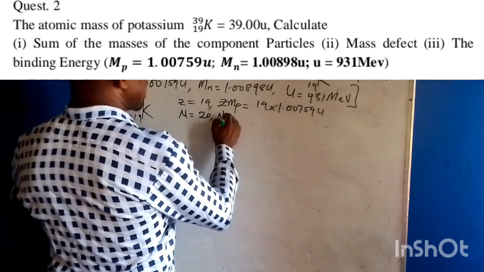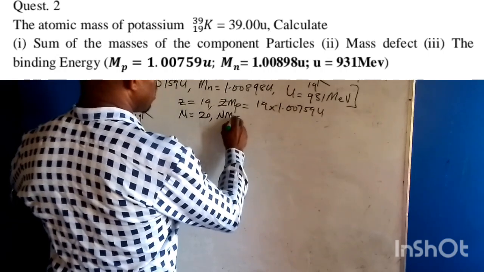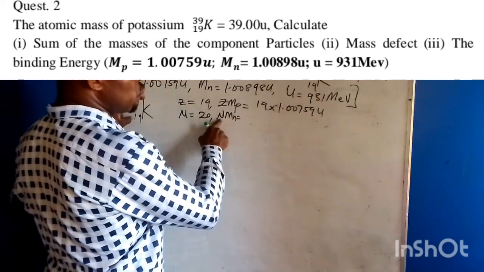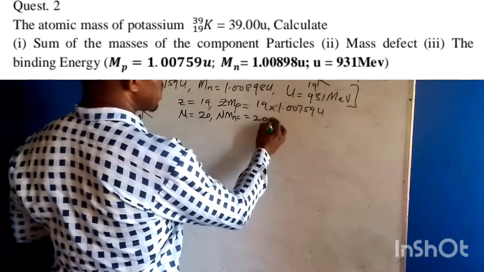Now NMN, that is the number of neutrons times the mass of neutron, will give us 20 times the mass of neutron.